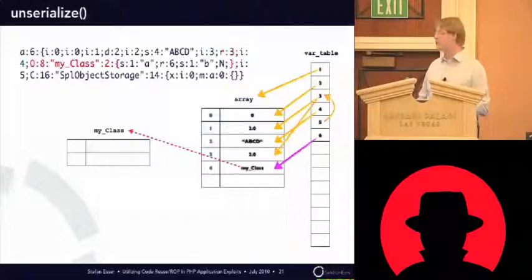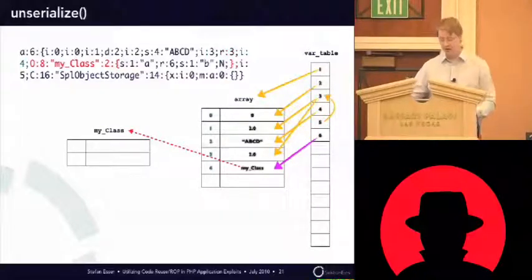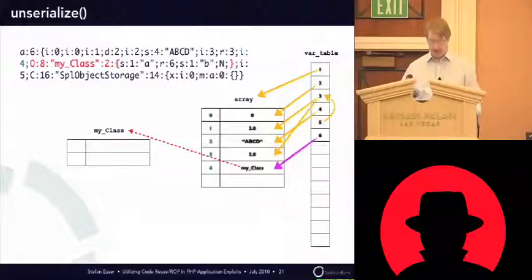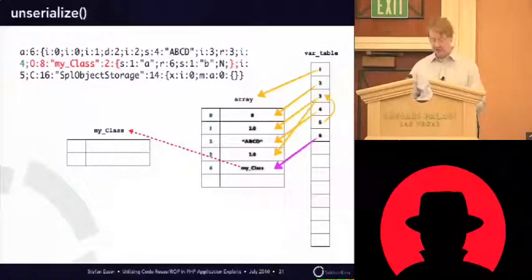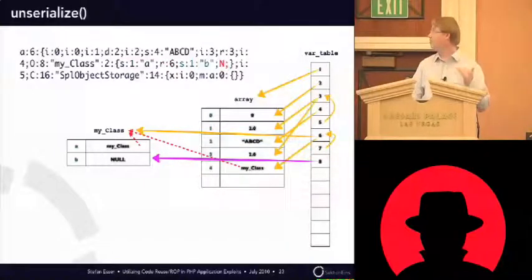The next element is an object of any class. I call it MyClass this time, but it could be any class. You can see that it has 2 properties, A and B. PHP will now continue to unserialize each property, which again will be a reference to the class itself and a null value. Again, you see every time a variable is created, it's inserted in the variable table.